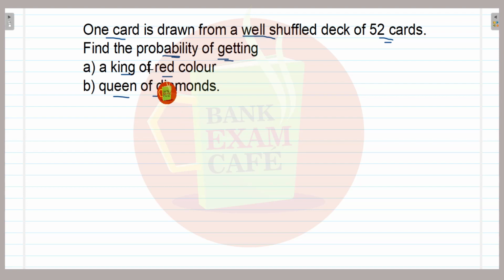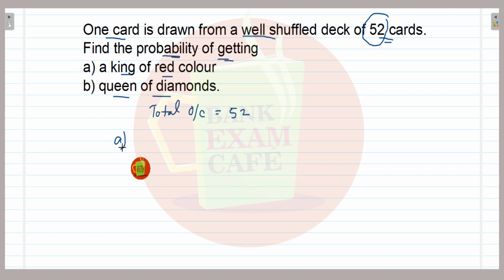The total number of possibilities is 52, because there are 52 cards, and out of these we are drawing one. So the total outcomes is equal to 52.